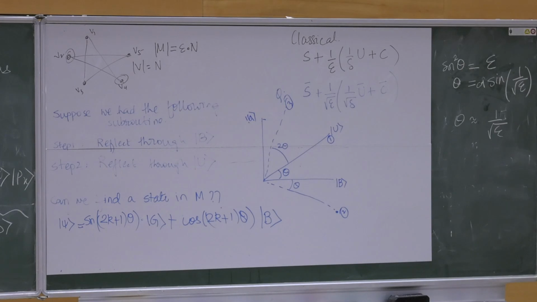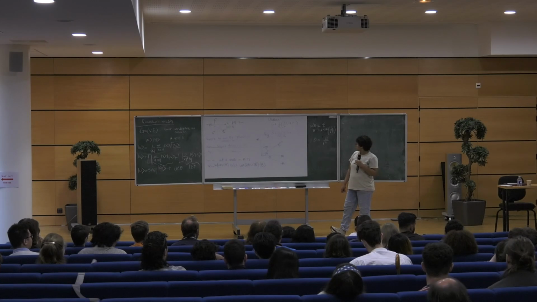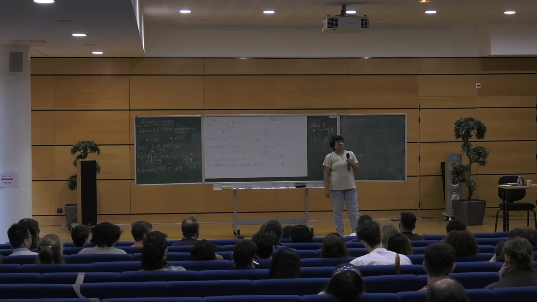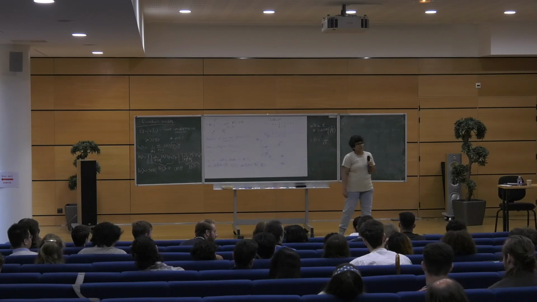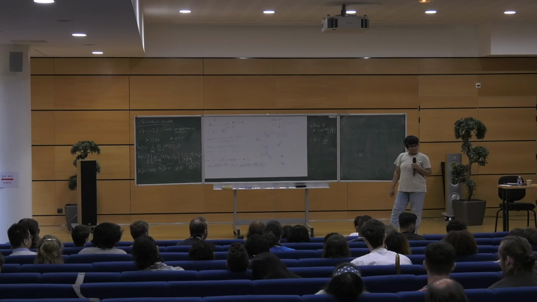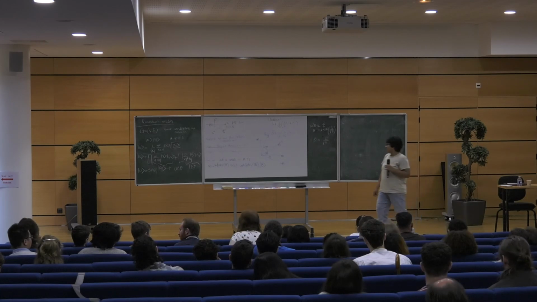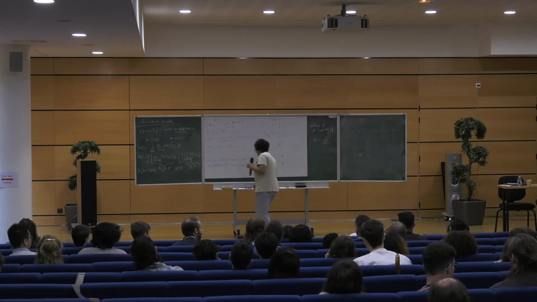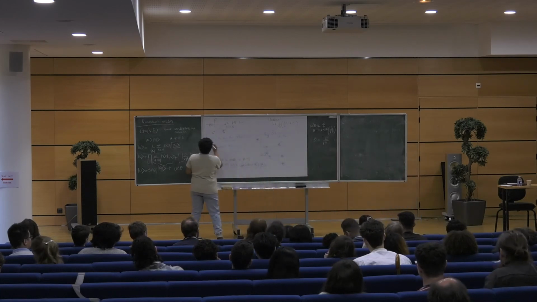Why do you choose to do reflections instead of rotations, for example? What do you mean? What is the difference for you? We are reflecting in B and then reflecting again with the other side. Why not apply a rotation to the vector? Okay. I started with a statement where I said, suppose we have this.